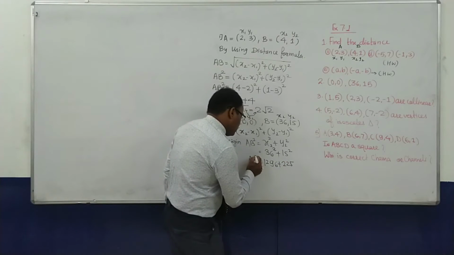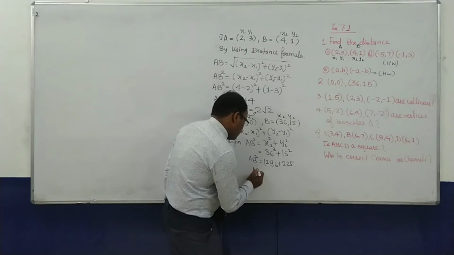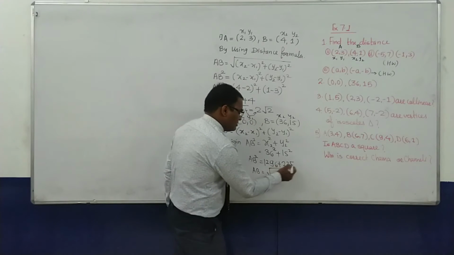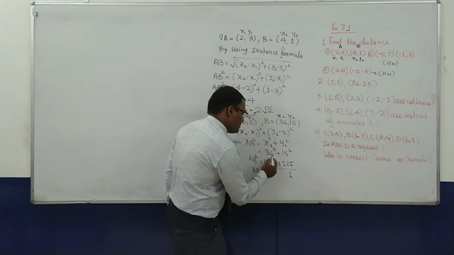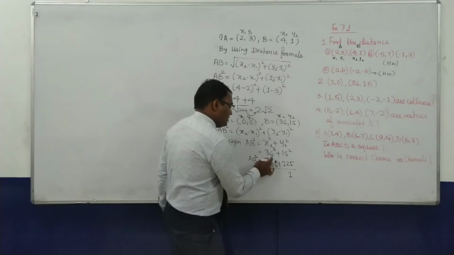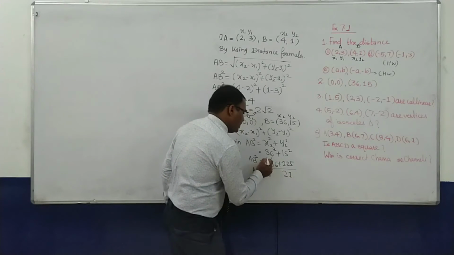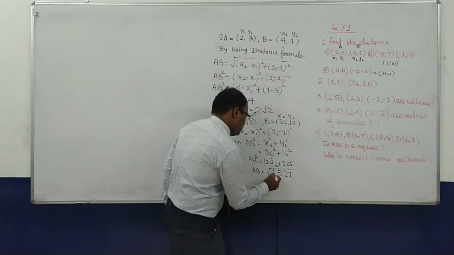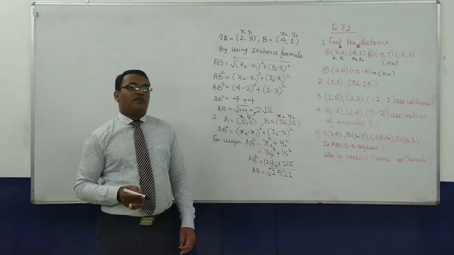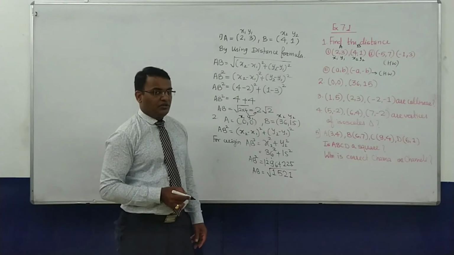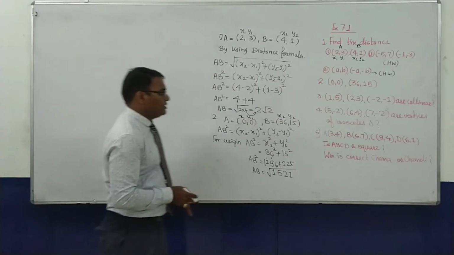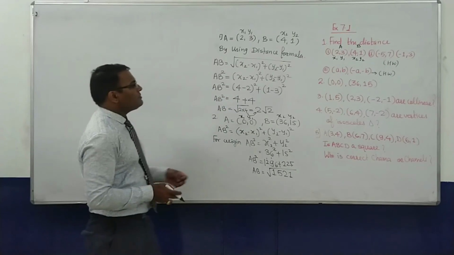At last, AB square is the addition, that is 1521, and then AB is equal to under root of this number. Right or no? So you can find the square root of this number. Now let's go on to the next one.